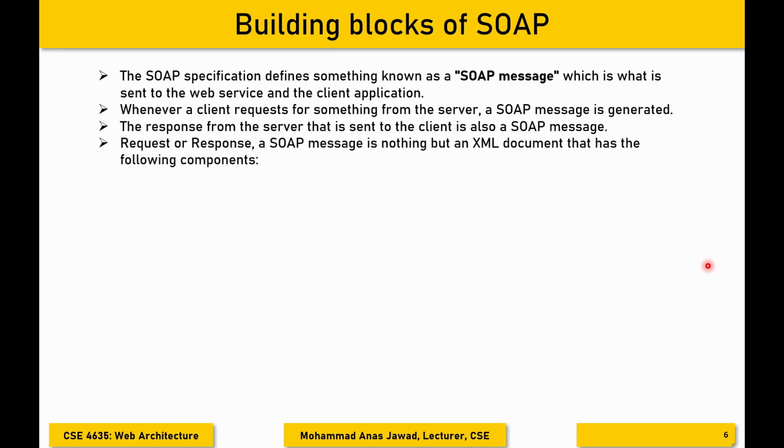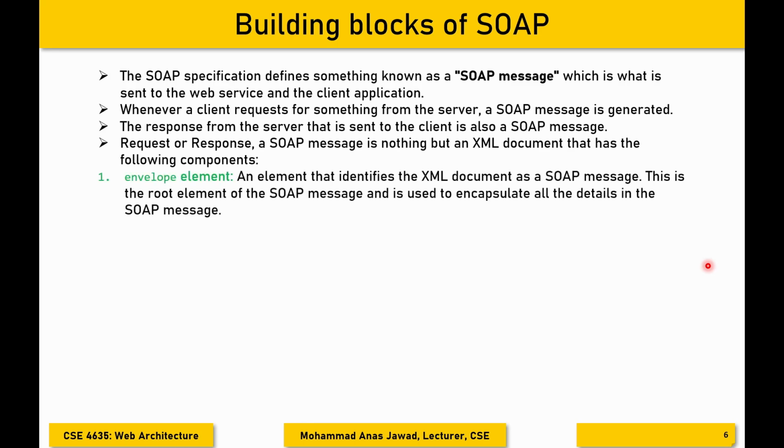Request or response, a SOAP message is nothing more than an XML document that has the following components. The first element, which is the root element in the SOAP message, is the envelope element. This envelope element identifies the XML document as a SOAP message. This is the root element of the SOAP message, as I have mentioned, and it is used to encapsulate all the details in the SOAP message.